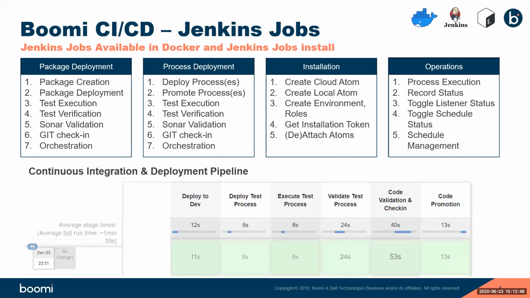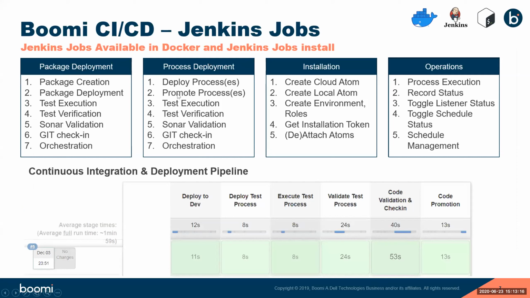Once those are available, these are some of the jobs which we have created. They are available through Jenkins, and they have been divided into four kinds of packages. If you have Package Manager installed as part of your Boomi subscription, you can directly use the package deployment APIs.